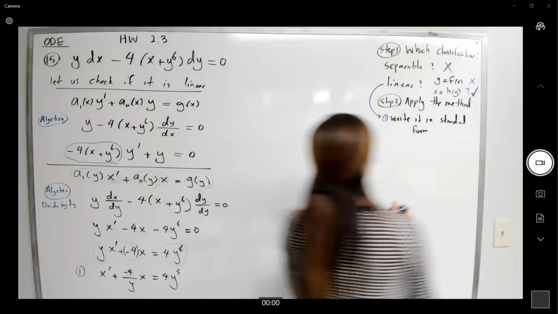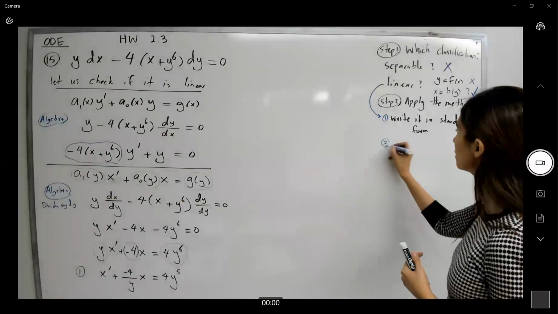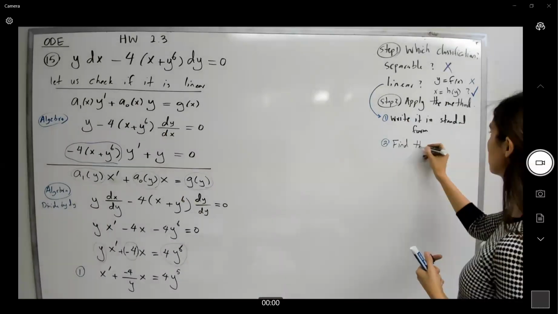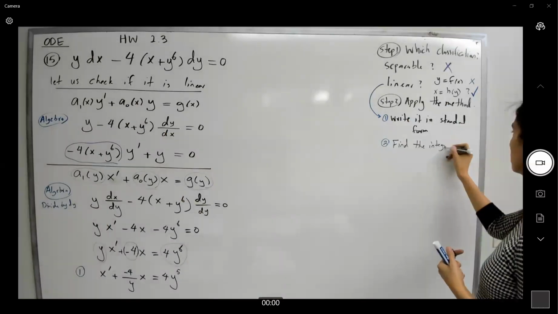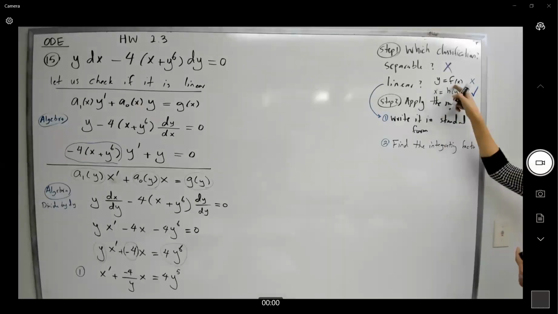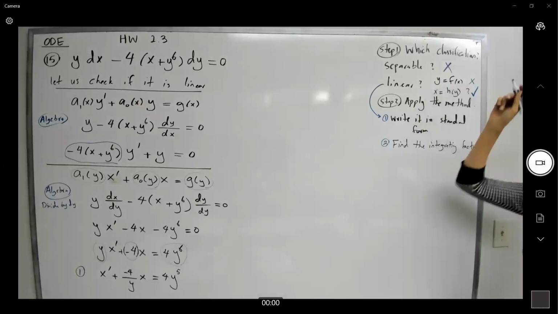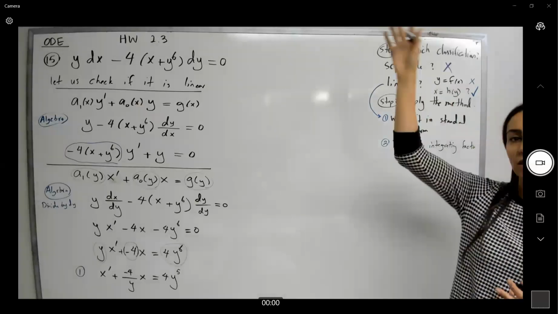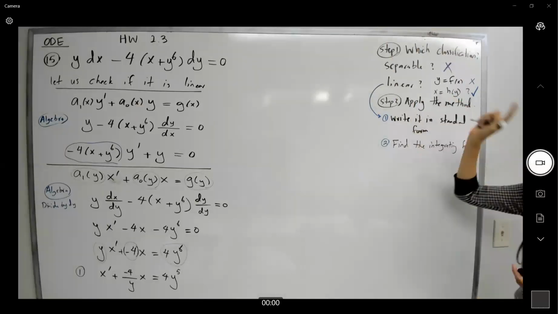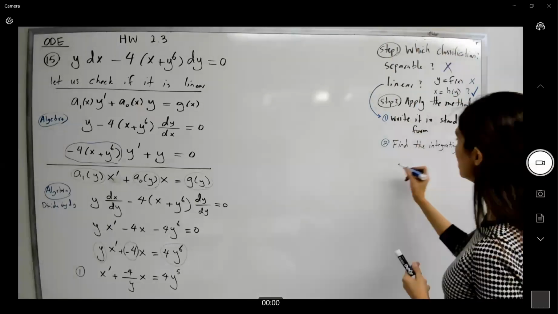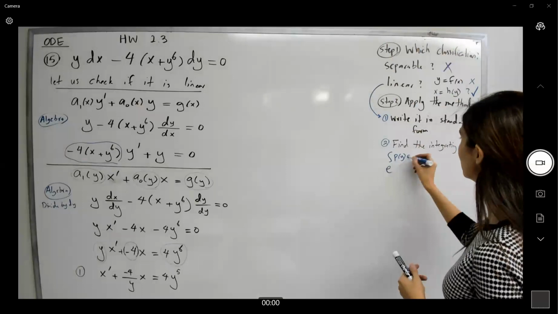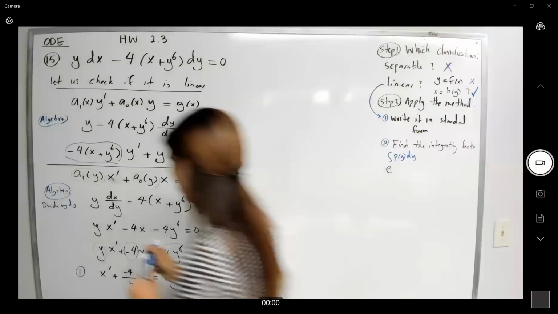In step 2, find the integrating factor. Remember that if y is equal to f of x, then our integrating factor is e to the integral of p(x) dx. Now you have function x in terms of y, so your integrating factor becomes e to the integral of p(y) dy, which is this term here.